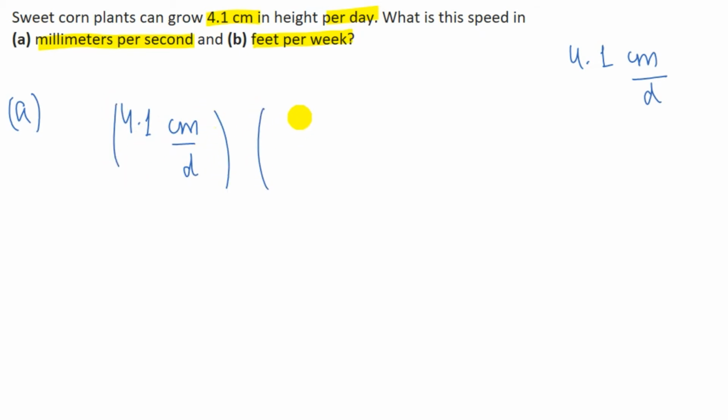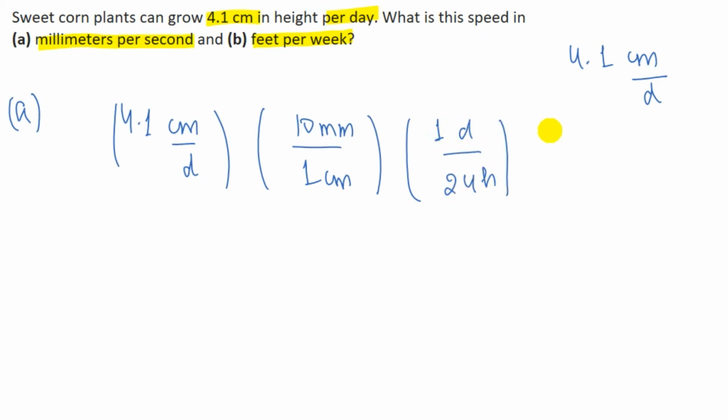Now we know that in 1 centimeter we have 10 mm. So we have converted this centimeter into millimeter. Now day into second. So in 1 day we have 24 hours, and in 1 hour we have 3600 seconds.